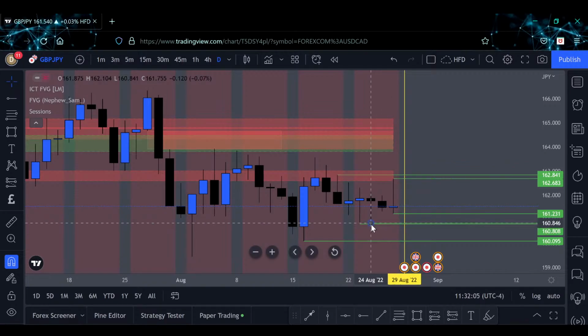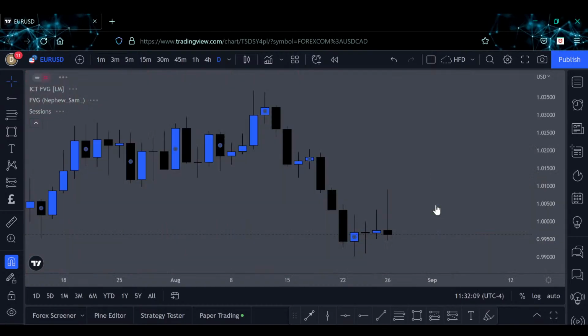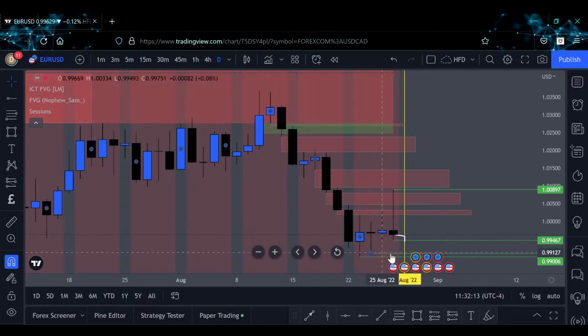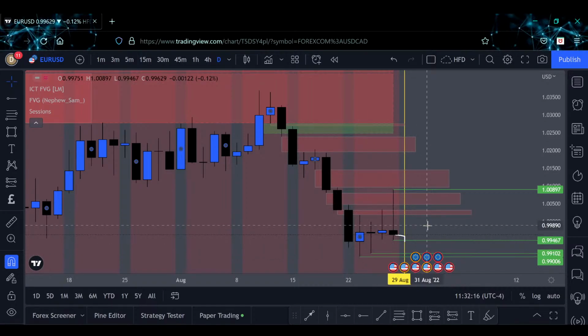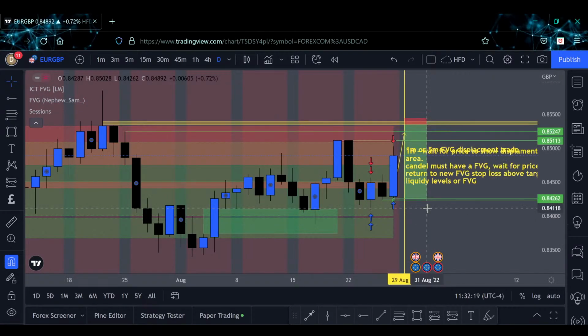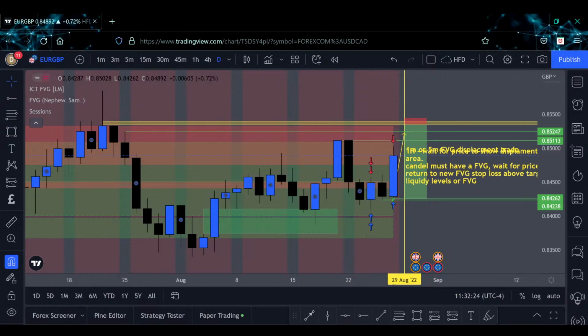Looks as if it's targeting these lows. Euro USD, I would say bearish as well, down to these lows. Euro GBP, bullish. So that'll do for now.